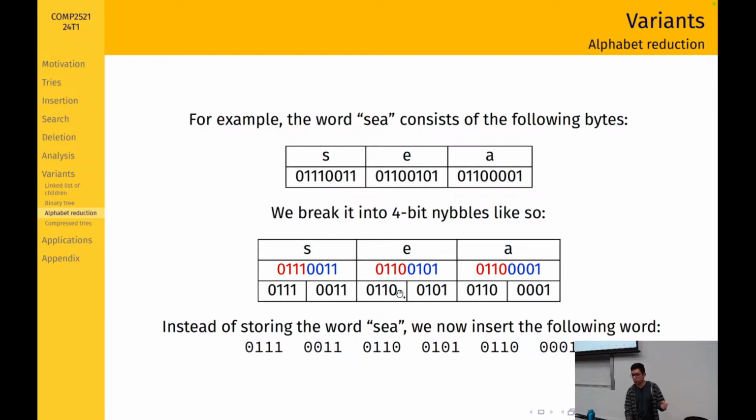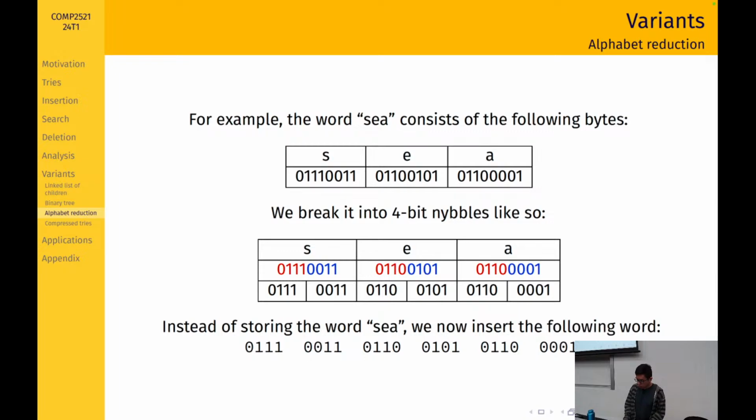E is 0110, 0101, and so on. So now instead of storing the word SEA, we're going to insert this word, which consists of 6 different characters. So yeah, that's alphabet reduction.